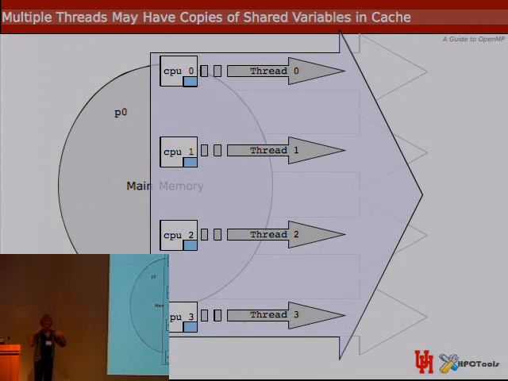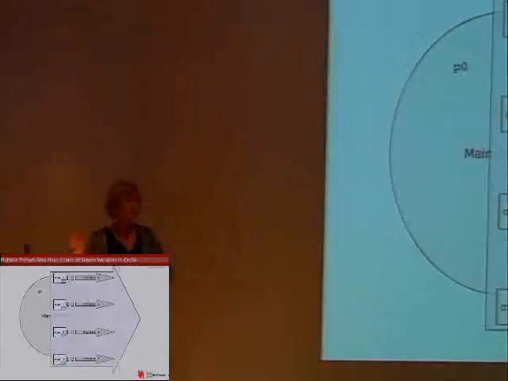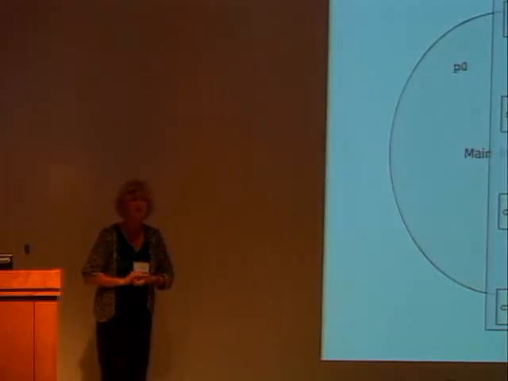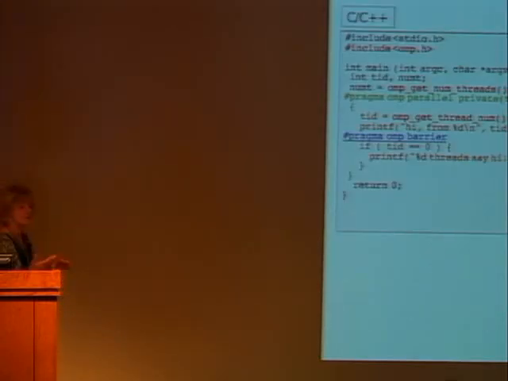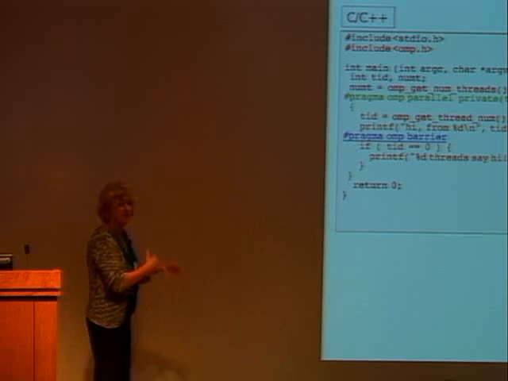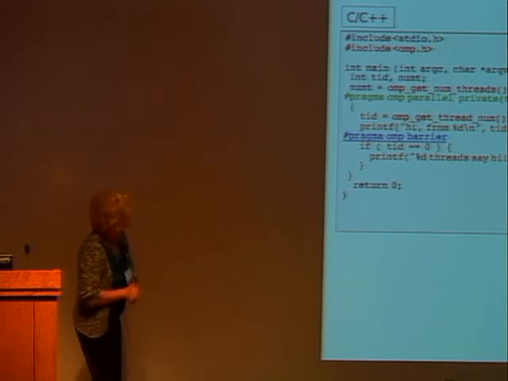You need to have some synchronization there. We'll look at a couple of ways of how to do that in a moment. It's not a problem with no solutions. It's just that you need to know that you have to have a solution.